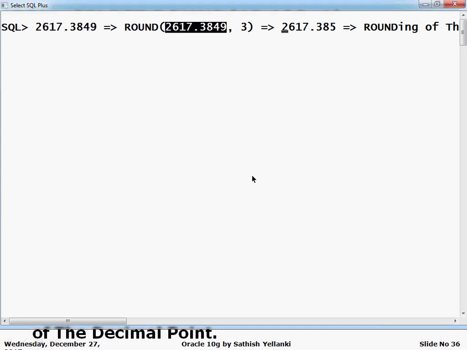Because that was one point I was discussing very seriously when I was discussing the number data type. So the precision is absolutely 8 and the scale is 4.